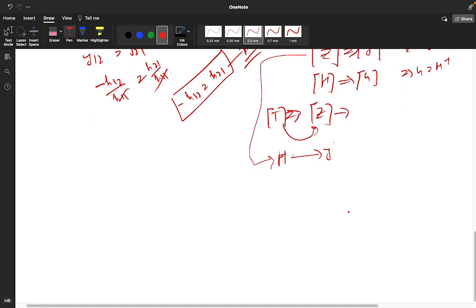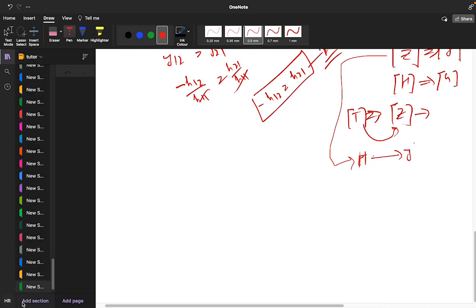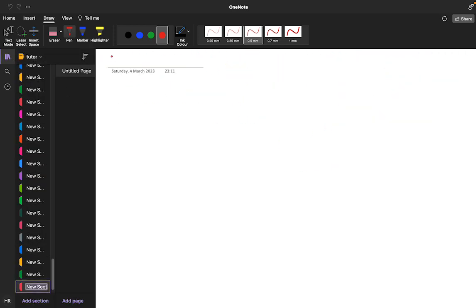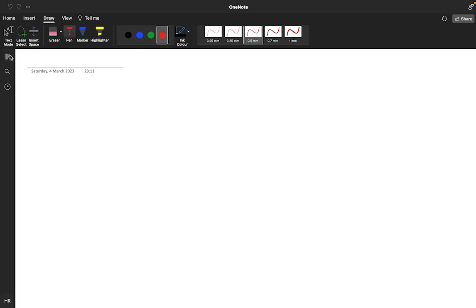So write the short notes, make one table. Write the conditions: symmetry on this side, and reciprocity on this side.